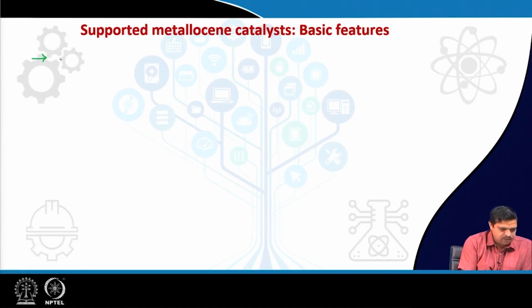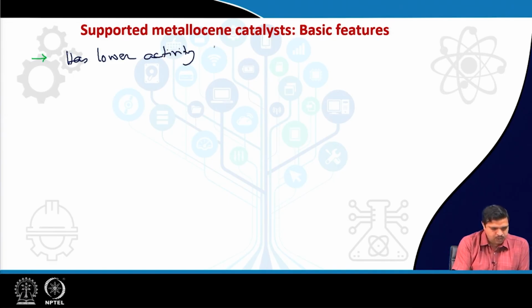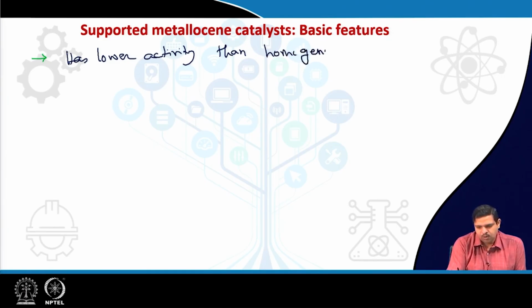So, some of the basic features of these supported metallocene based catalysts, I just list down. It has lower activity than homogeneous. That is obvious because you are converting from homogeneous to heterogeneous, so you have to sacrifice some activity, and this is due to the steric hindrance.